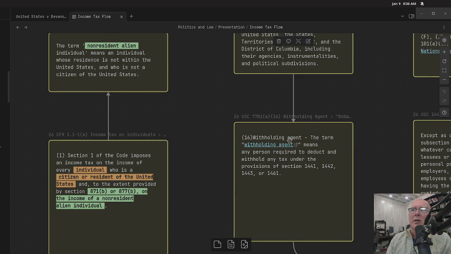So, a withholding agent. Now, what we have concluded is that as an employee, you're not supposed to be paying taxes. You can pay them if you want to, but it's a voluntary compliance. You're volunteering to pay that tax.